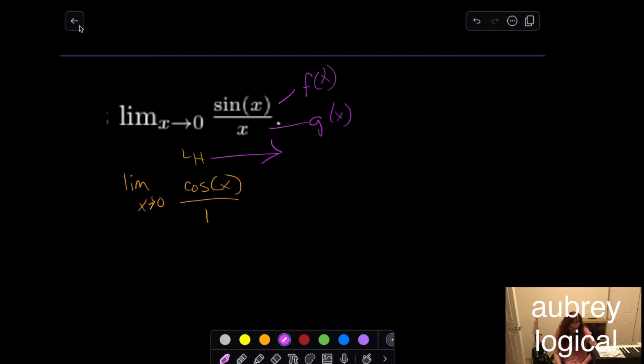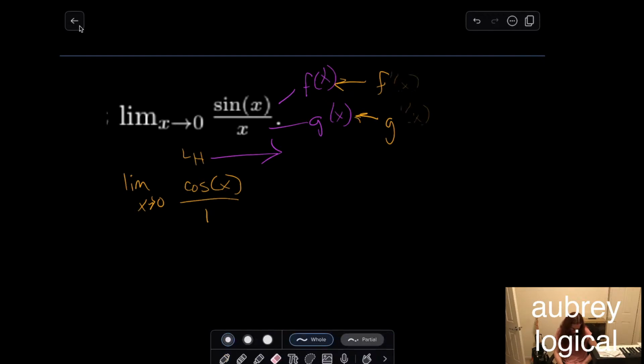When you have it in this quotient form, then you're able to do L'Hopital's rule, which just entails finding the derivative of this function and separately finding the derivative of this function.